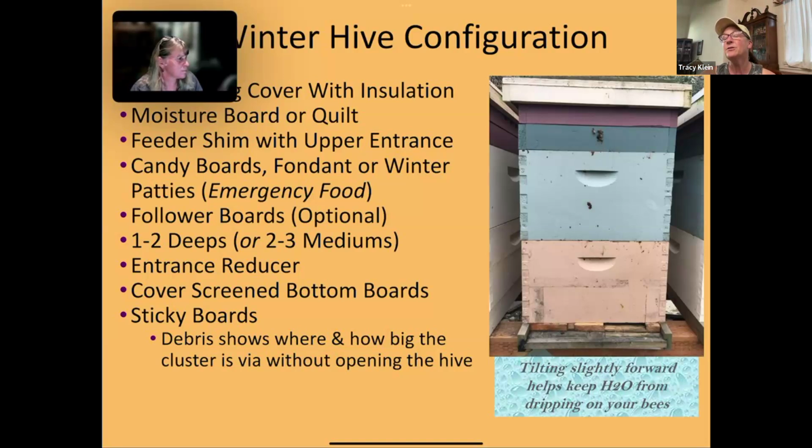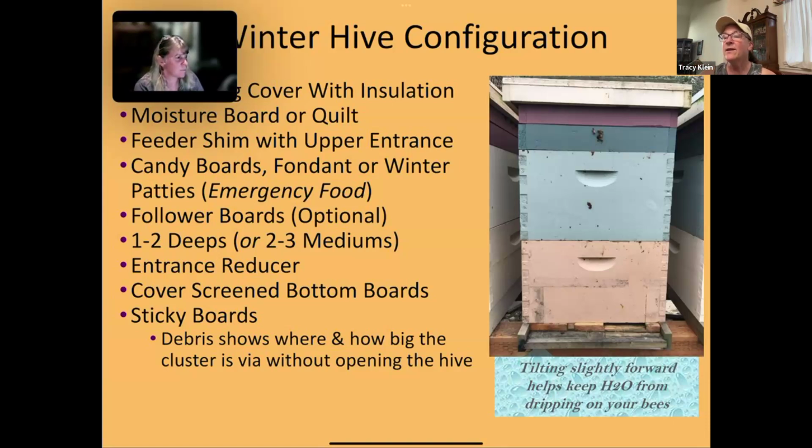And now too is the time to reduce the space that they have, either down to 1 deep or maybe 2 if you've got a big population of bees, or the equivalent if you're running all mediums, 2 to 3 mediums. It's better to pack them into a smaller space than to have a lot of extra space right now.